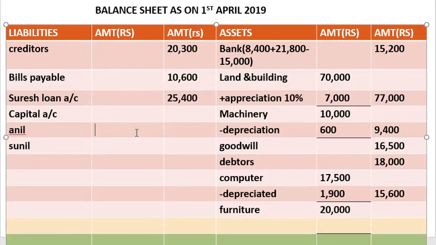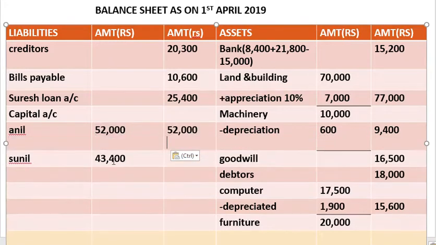So Anil's capital we got 52,000, and Sunil we got 43,400. Okay. We can write this over here also. So there is no need of adding it again and again.